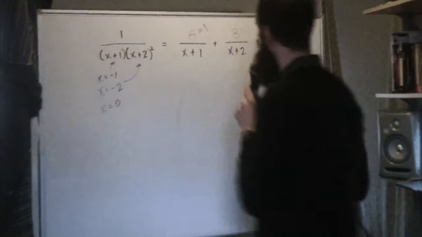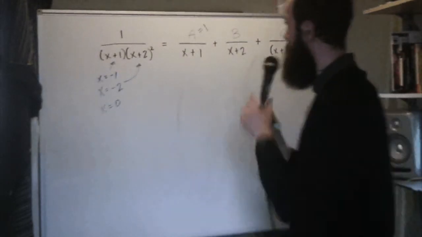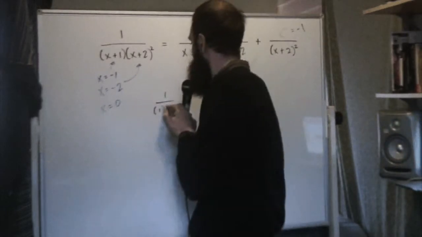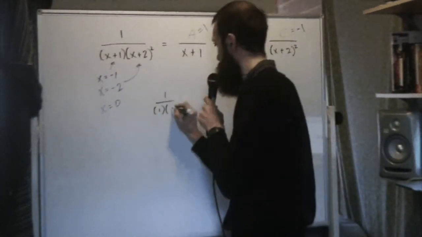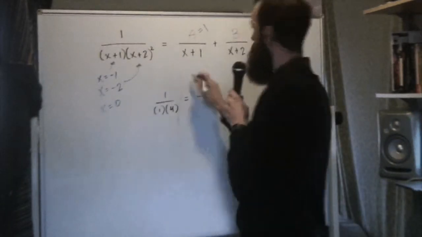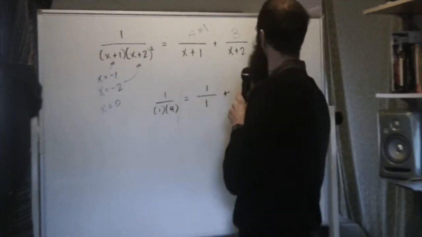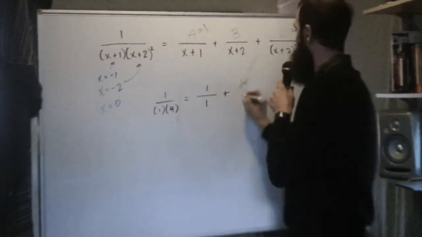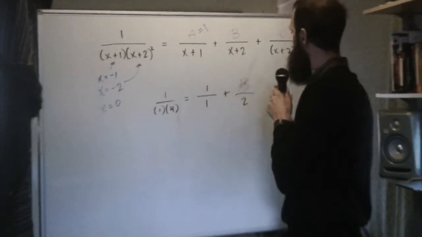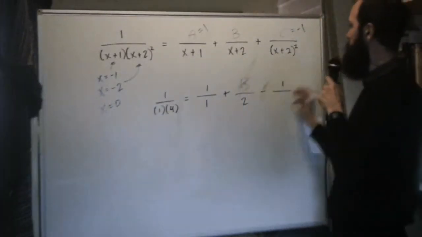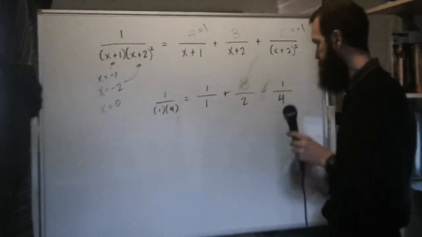evaluate through. So we have 1 over 0 plus 1, which is 1, times 0 plus 2 squared, which is 4. So 1 over 4 equals A, which is 1, over 0 plus 1, which is 1, plus B, which we don't know, over 0 plus 2, plus C, well, C is -1, so minus 1 over 0 plus 2 squared, which is 4.